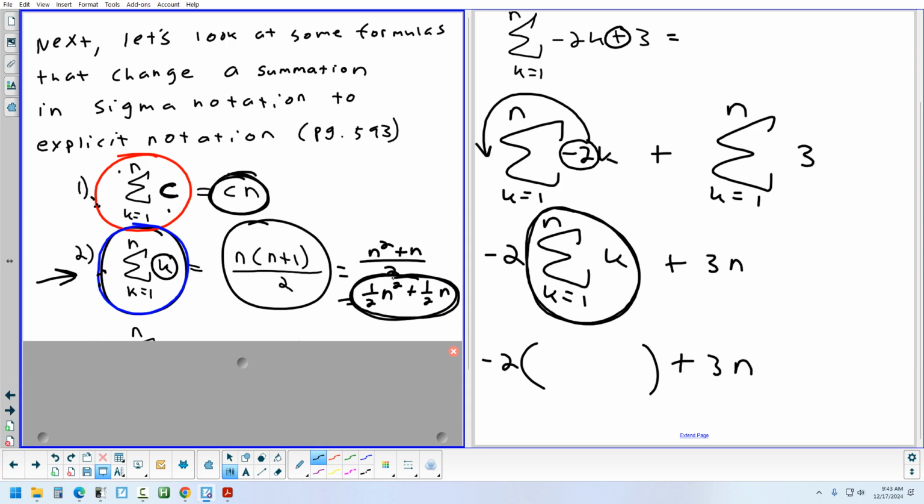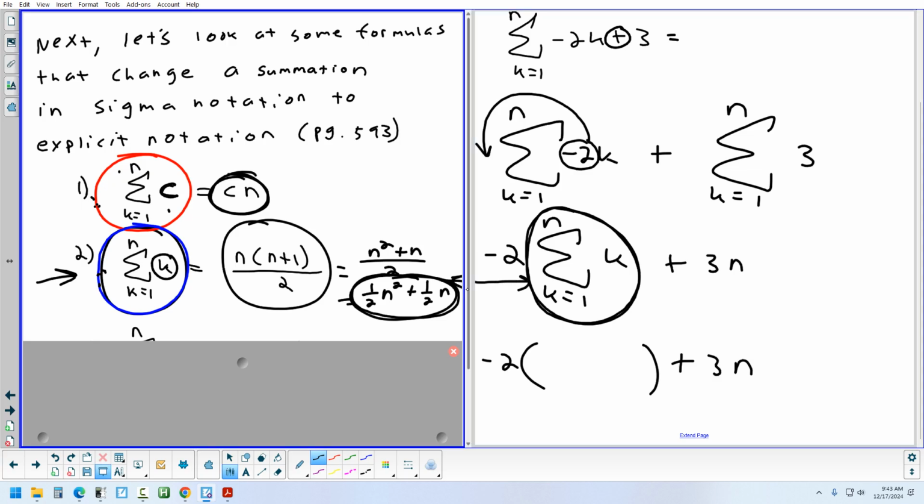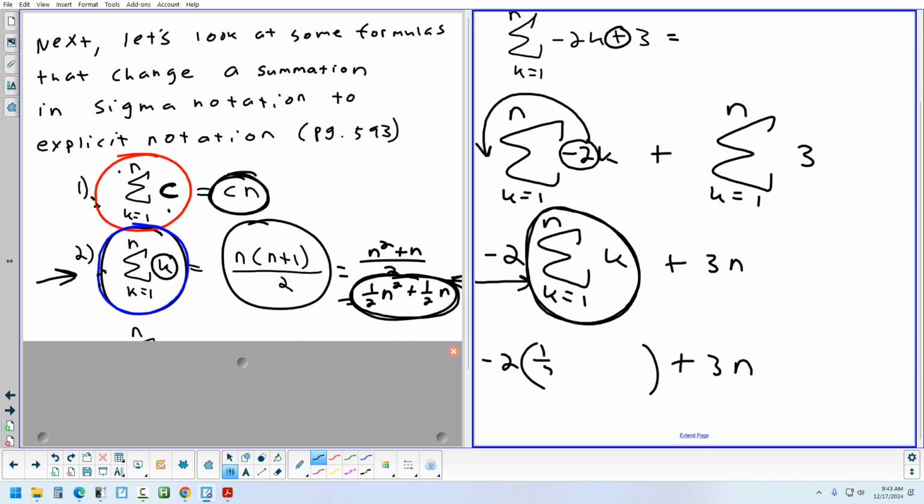Because we know these two things that I just put an arrow between are exactly the same thing. So replace that with 1/2 n squared plus 1/2 n. And now we'll use the distributive property and do that out, but that's how you get rid of your sigmas.